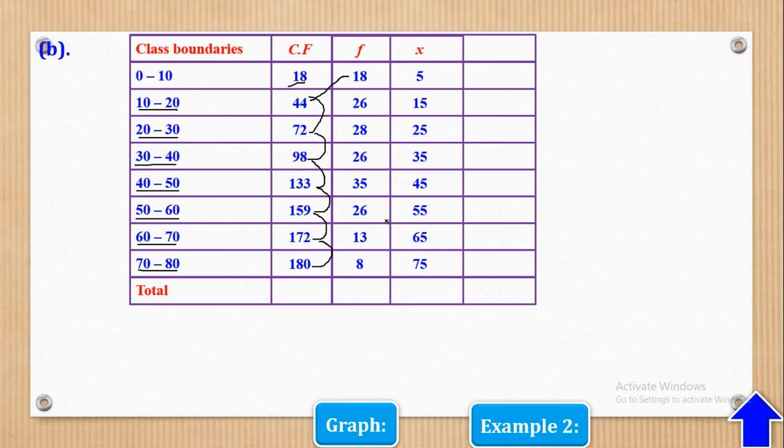Now that we have the values of X and the values of F, I can now generate the values of Fx. So I have to multiply these values of F with the corresponding values of X to generate the column for Fx.